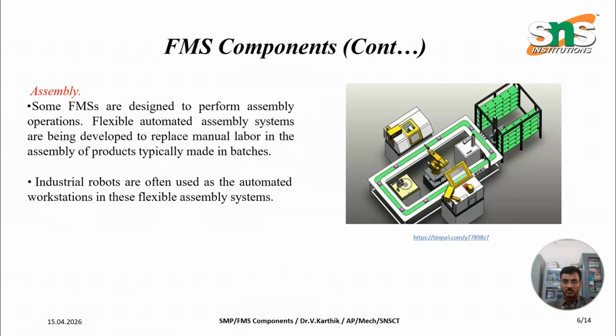Industrial assembly components can also be seen in many YouTube videos, where on the conveyor or the roller, the machines will come, and the robot or some other sensor will fix particular parts to the particular area to complete it as a full product. This is about the assembly.